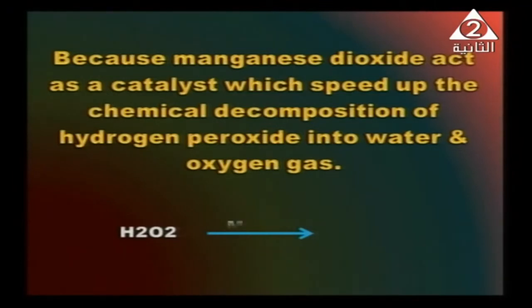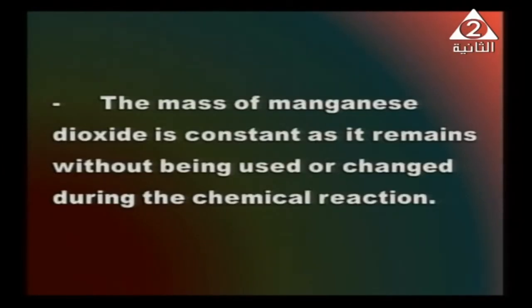Hydrogen peroxide decomposes in the presence of manganese dioxide to produce water and oxygen gas. The second question, what is the mass of manganese dioxide at the end of the reaction? The mass is constant, which is 5 grams, and it remains without being used or changed during the chemical reaction.